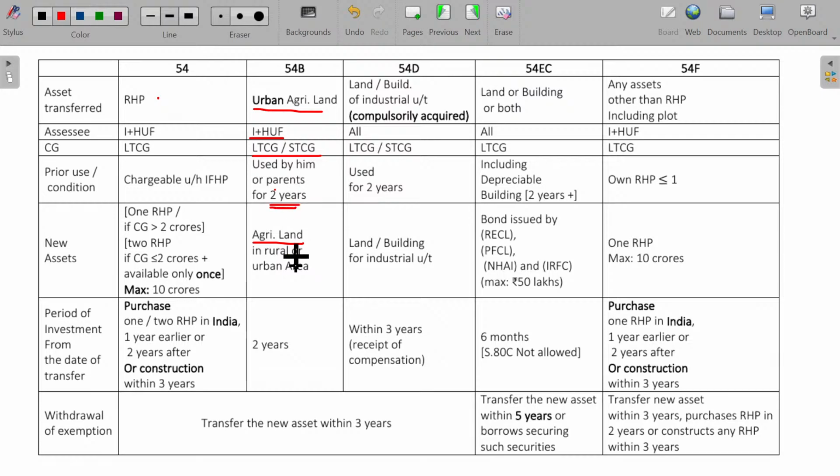Within how many years can you finish purchasing? 2 years, just similar to the residential house property. Such a purchased asset should be held by yourself without transferring for at least 3 years. Otherwise, the exemption given will be withdrawn. That's all.